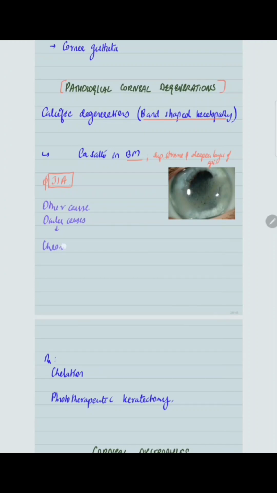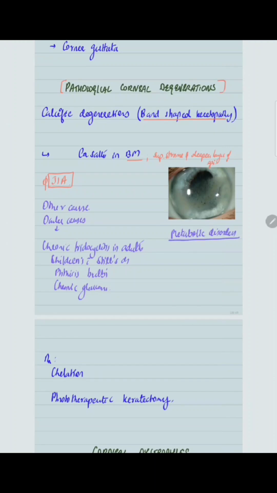Calcium deposit can occur with chronic iridocyclitis in adults, then children with Still's disease, phthisis bulbi, chronic glaucoma, then chronic interstitial keratitis, ocular trauma and aphakia. These are the ocular causes.